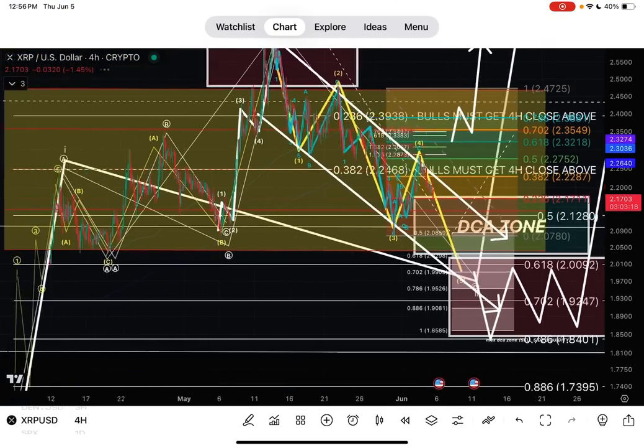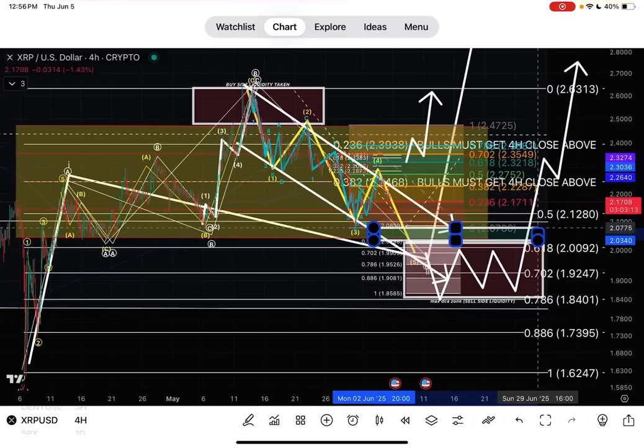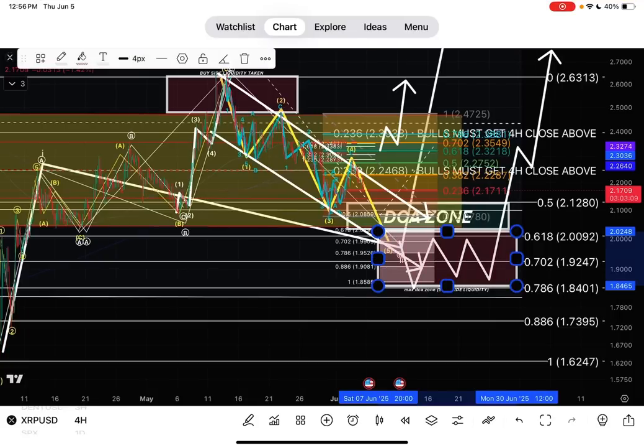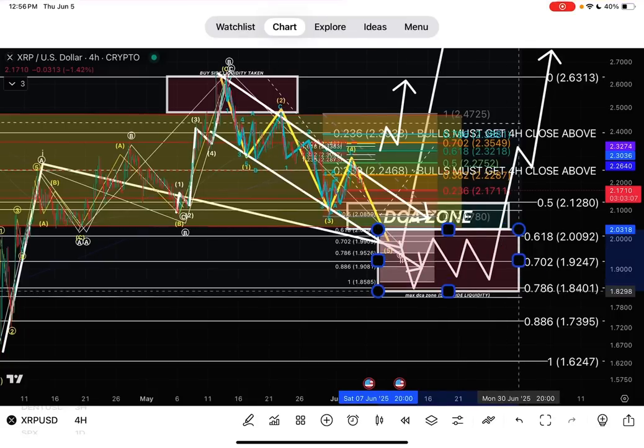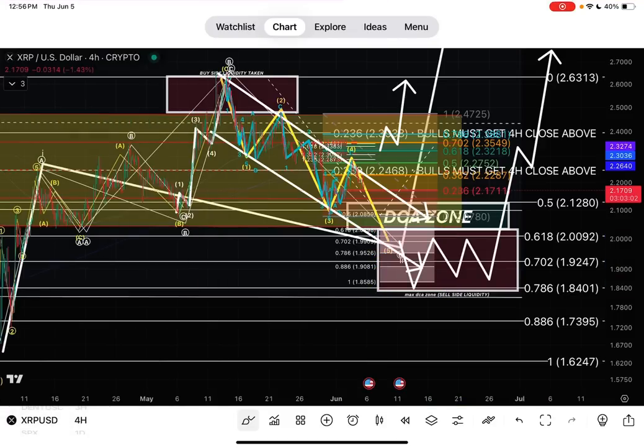But for now, just make sure to DCA once we dip into this region: 2.128 and 2.0092, and then the 618 down to the 786 right here. Worst case scenario, we wick right over here.